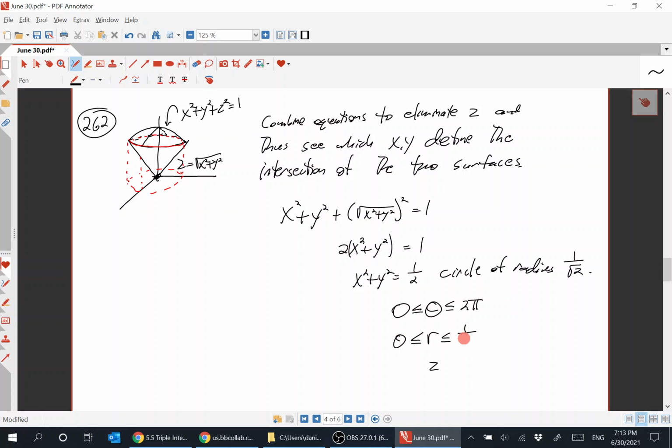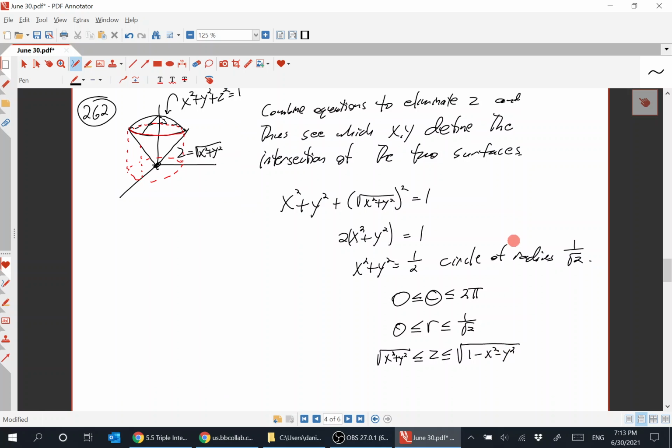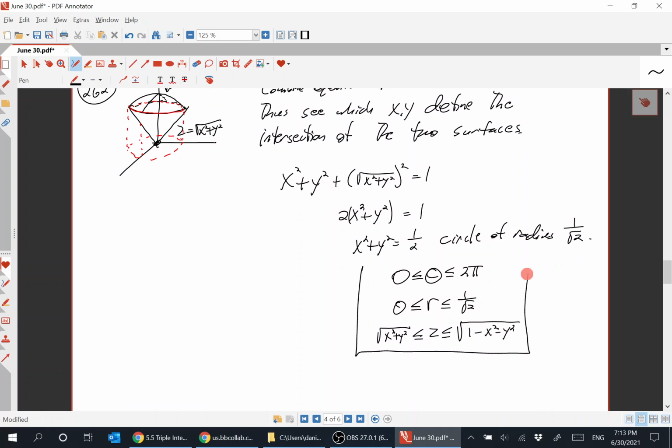So you're going from 0 to 1 over root 2. And then the z, well, it's caught between the cone on the bottom and the sphere on the top. So that's z equals 1 minus x squared minus y squared. Right, so this is that region E, inside the cone and under the sphere.